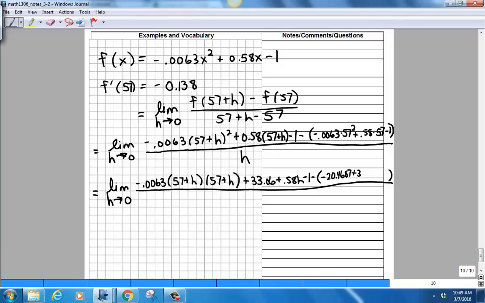That's 33.06, right? And then we have the minus 1 thrown in here. Okay. So I had the minus 0.0063 times 57 squared. And then the plus 0.58 times 57. That was 33.06. And then, don't forget the minus 1 that's on there at the end.